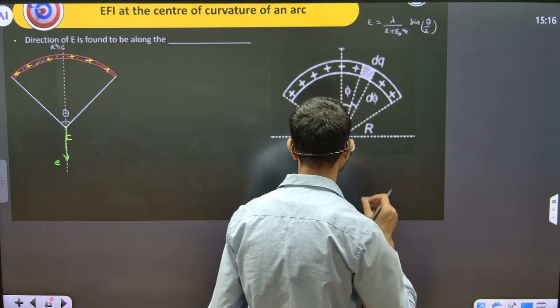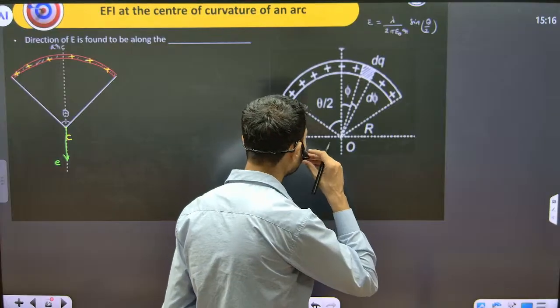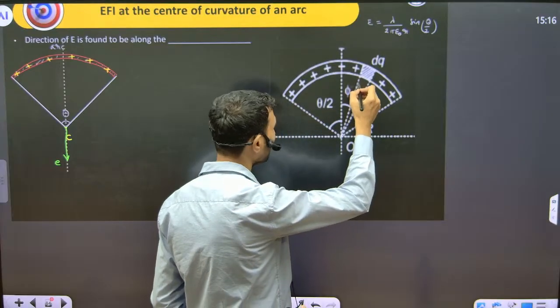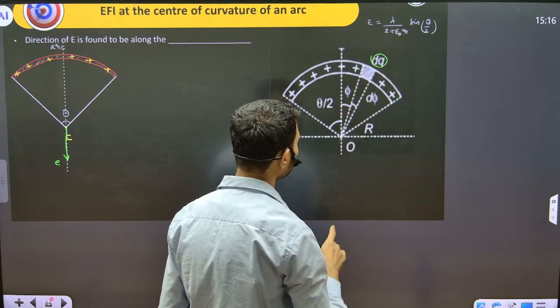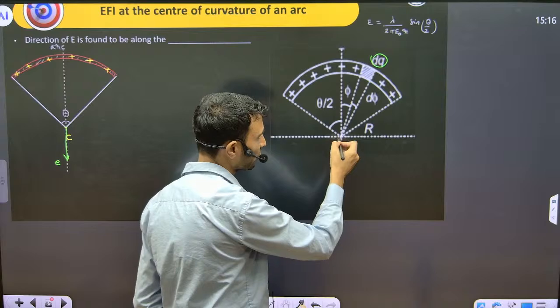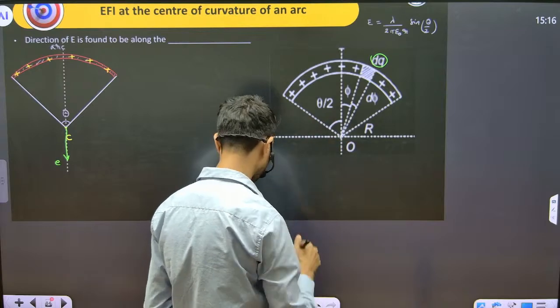So for that, I will take a differential element here, dq, right? And we'll see what is the direction of electric field at this point due to that dq.